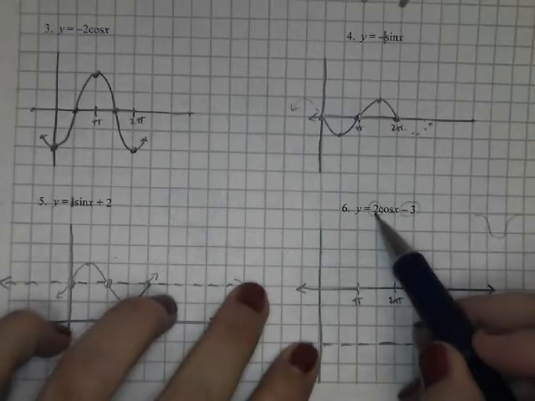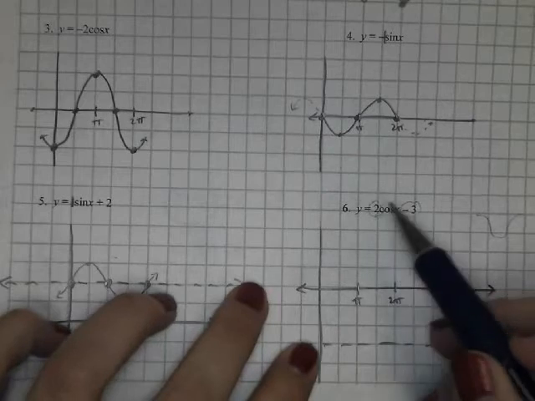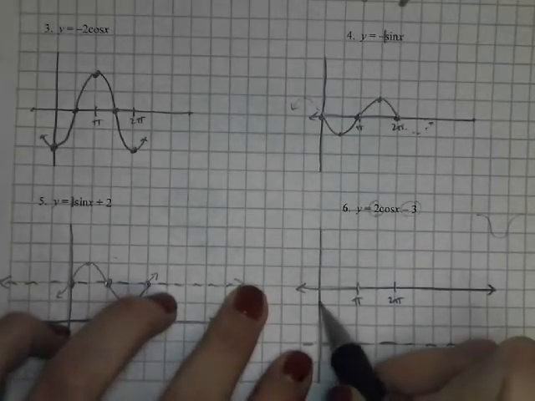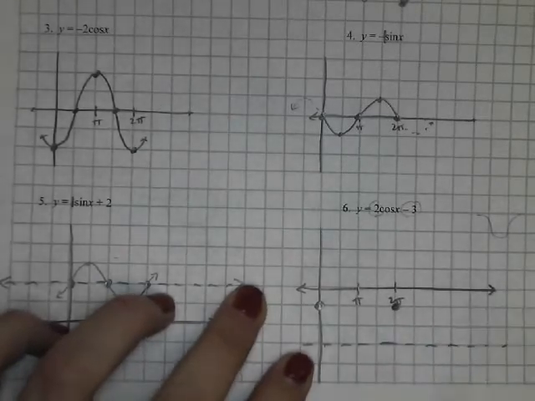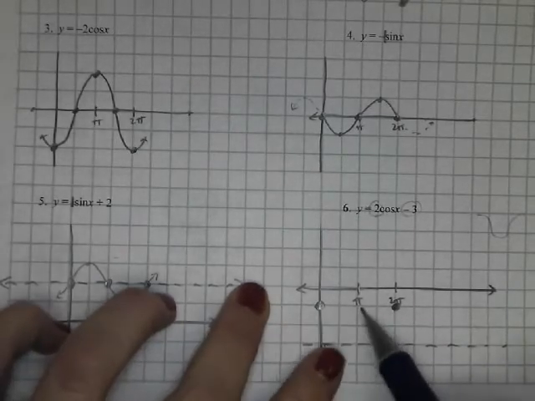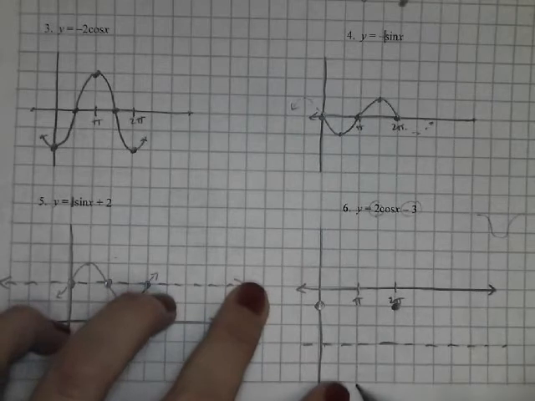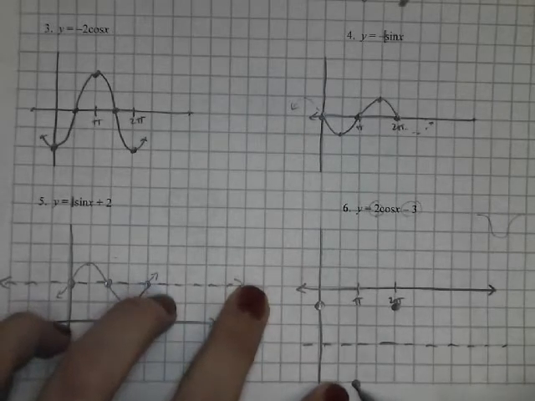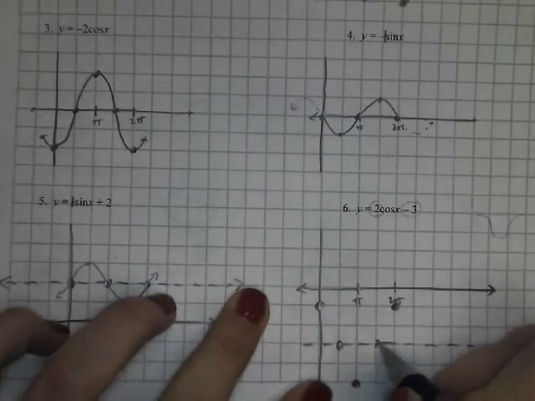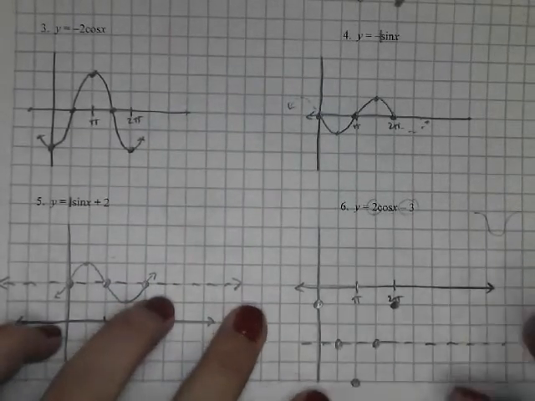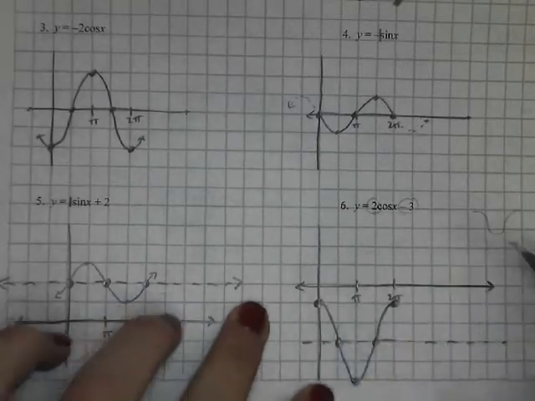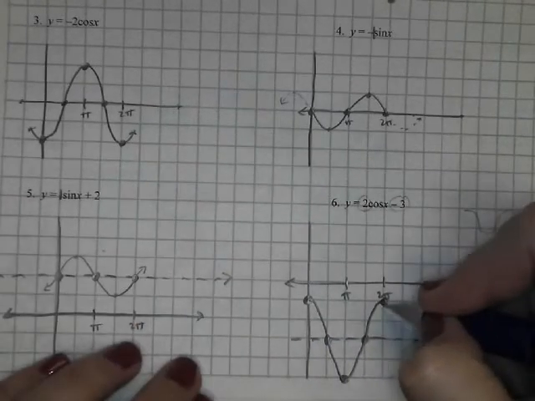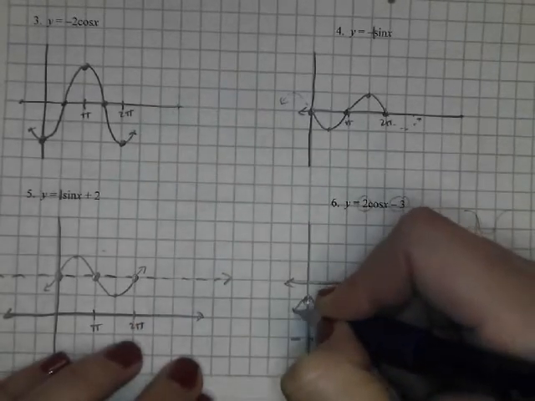Starting high in this case means it's an amplitude of 2 above the midline, starting at maximum. It ends at that same maximum level. Halfway in between there is a minimum, which is 2 units, the amplitude, below the midline, and then we hit the midline halfway in between 0 and pi and halfway in between pi and 2 pi. So we see a vertical stretch of our cosine graph and a shift down 3, continue as needed.